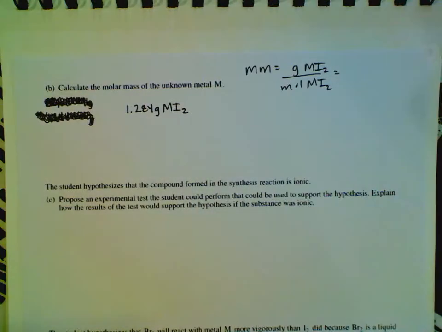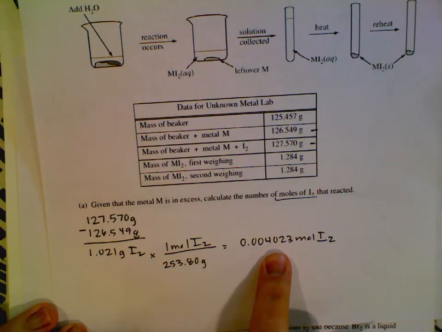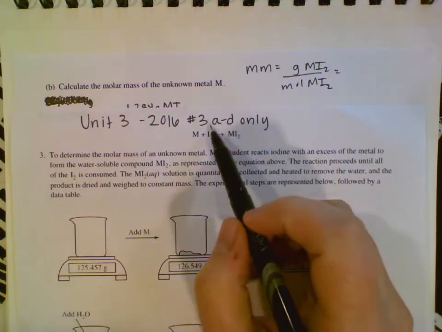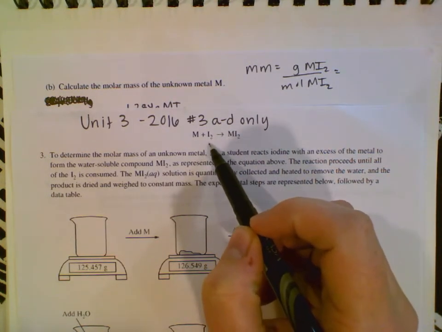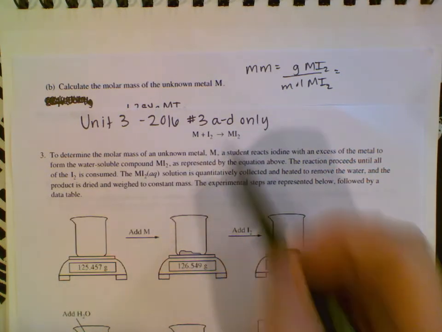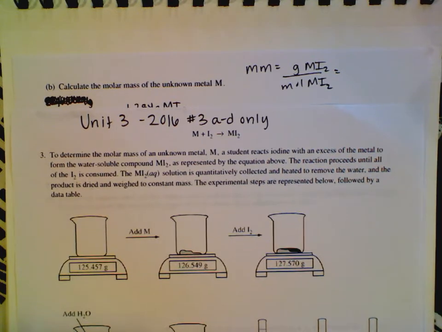From my previous problem as well, I know how many moles of I2 were in my reaction. And based on my equation up here, my 0.004 moles of I2 are going to turn into the same number of moles of MI2 because of the 1-to-1 mole ratio.